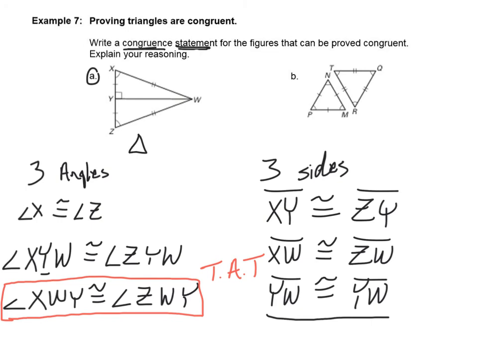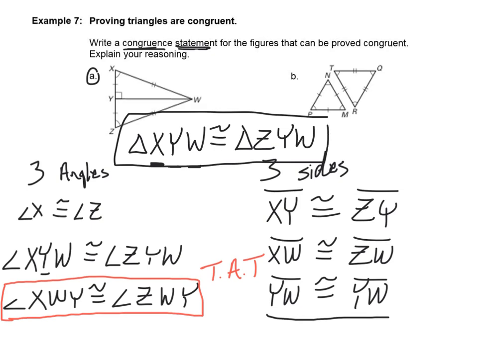So I want to show which two triangles are congruent. I'm going to start with the top one. We'll say XYW is congruent, and now I have to name the other triangle specifically so that it corresponds with the first name I picked out. So I started with X, which corresponds to Z, and obviously Y goes with Y and W goes with W in this case. So there's my final congruence statement.